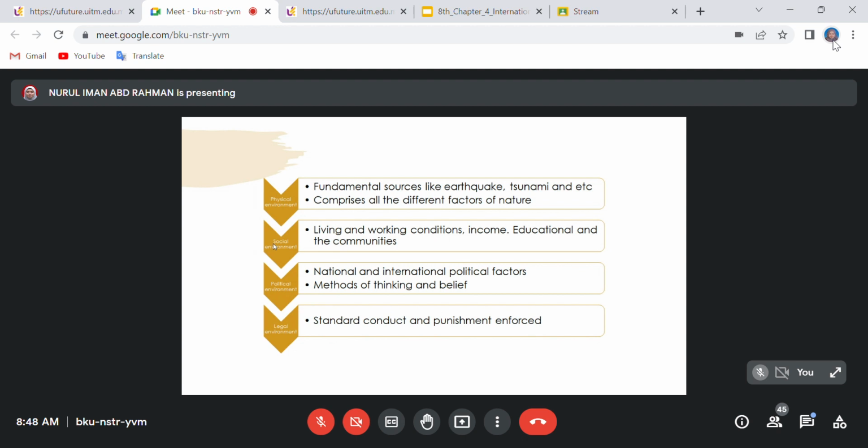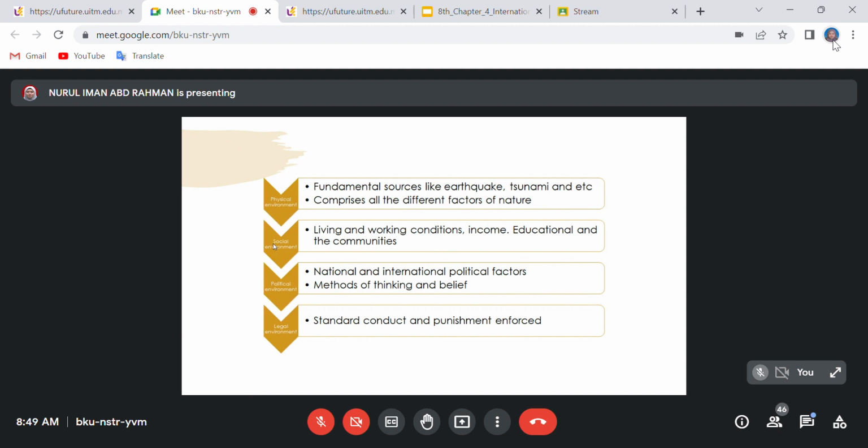The second one, social environment. This is where the risks arise from the social environment: where you live, the condition of your working place, your income. How can income impact the social environment? If the person is rich, they will not face risks such as health problems that are too bad.